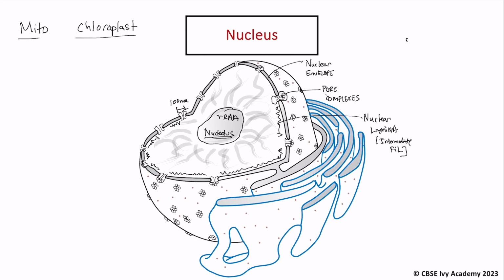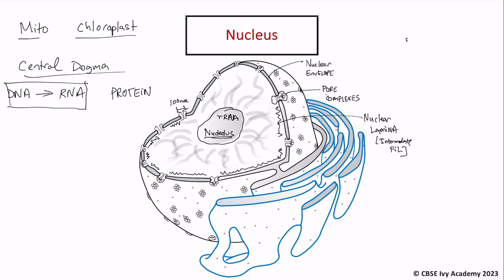It's important to keep in mind there's a concept called the central dogma that I want to highlight before we move on to the next topic. The central dogma has three components. It starts with DNA, then RNA, then protein. The first step, DNA to RNA, is transcription, and this occurs in the nucleus.